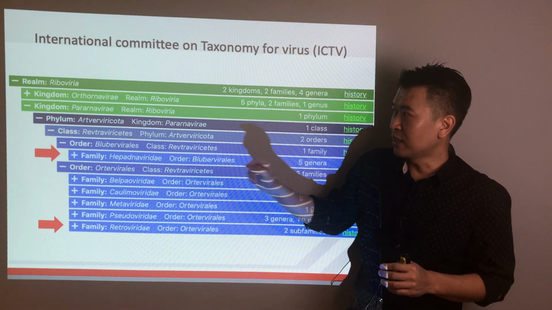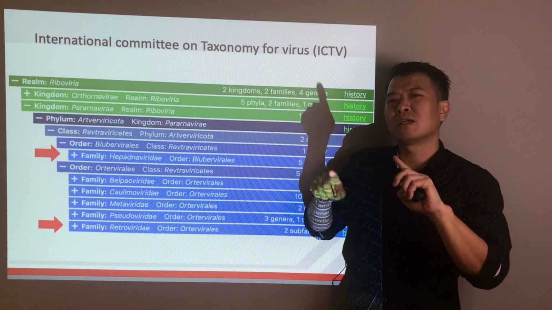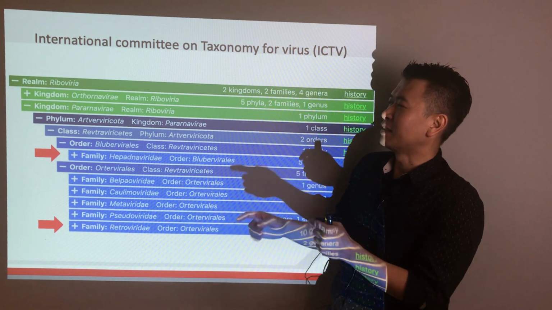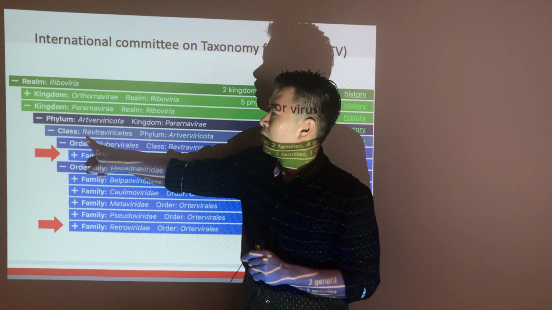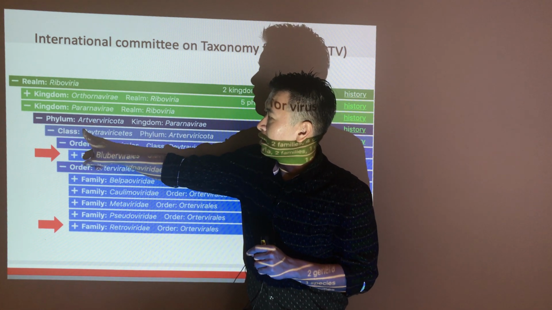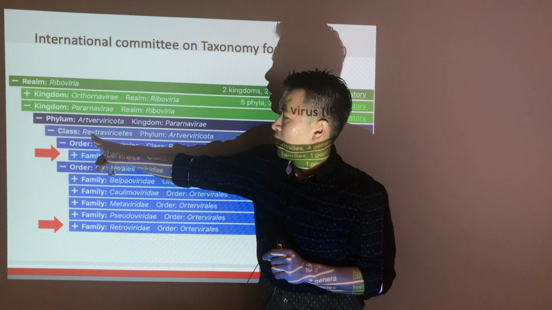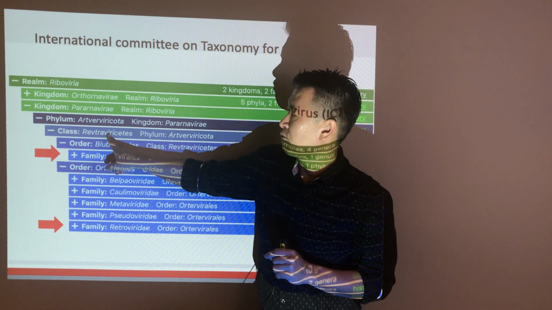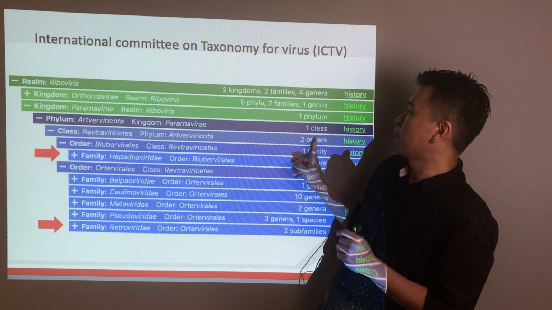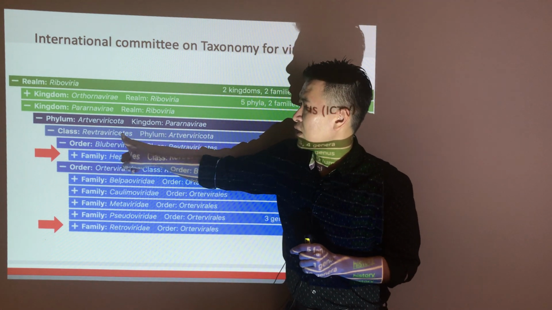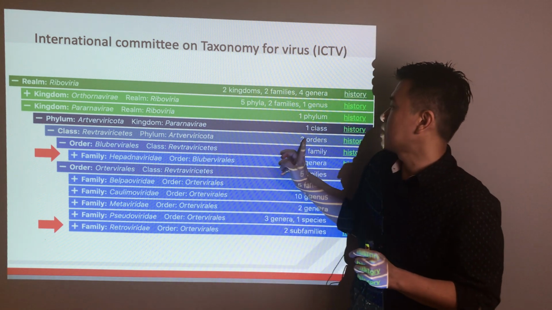Artverviricota. It's interesting if you look carefully, because it's reverse transcription, and the scientists are trying to be creative. So look at the class. The class is Revtraviricetes. So they only have one class. All right, so this is the class.